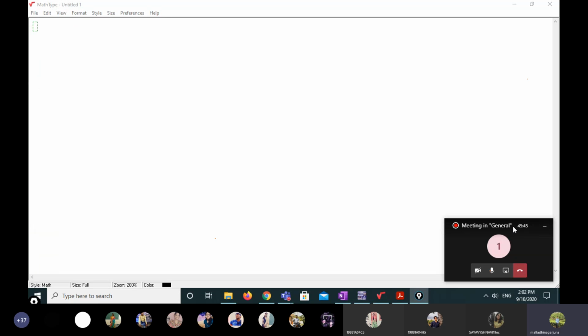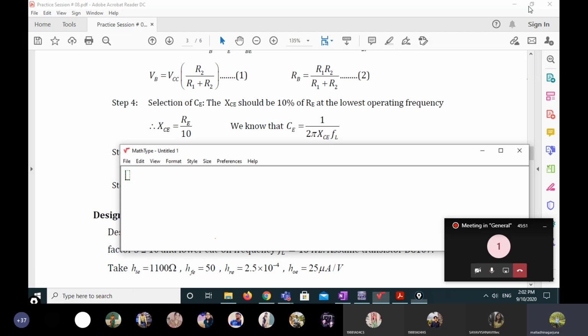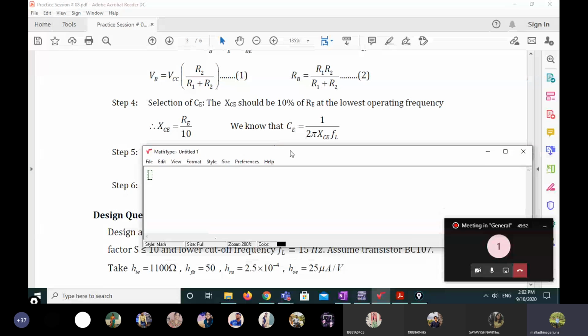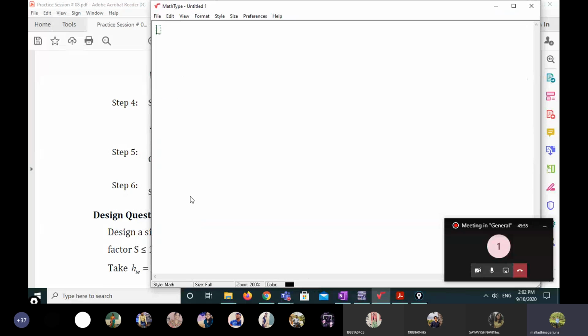What is the RC value? How much did you get? Step 1: calculation of RC. What is the formula?